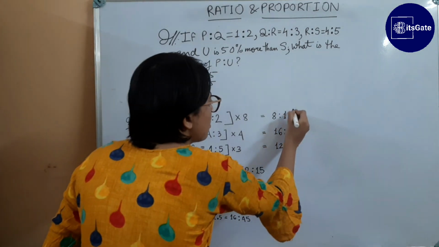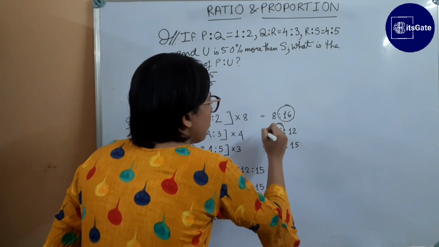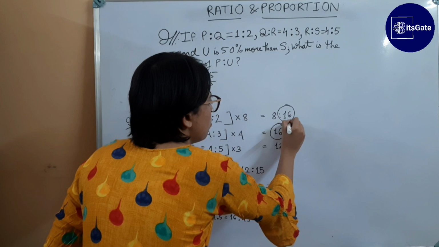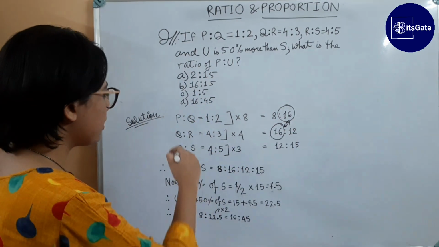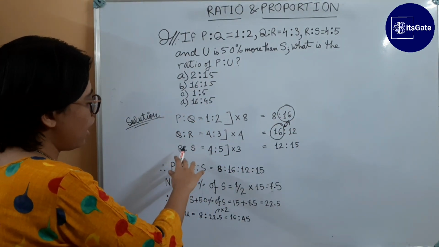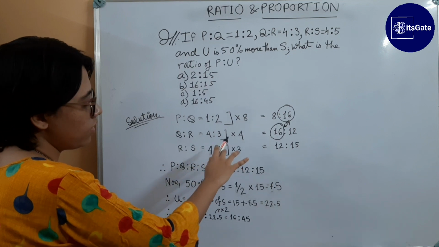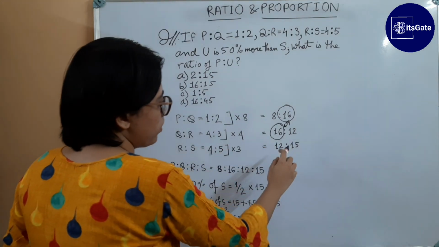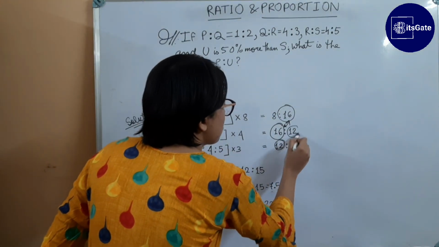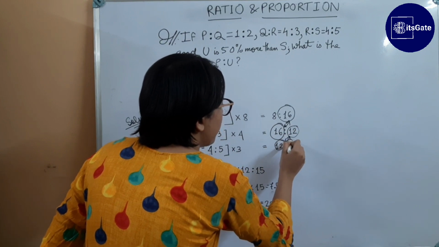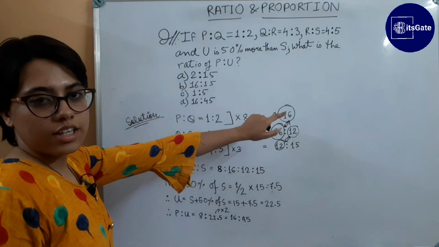So here these two are the common factor joining these two ratios. Again, if we multiply R is to S, that is 4:5 with 3, we get 12:15. Now again, these two are the bridging components of these two ratios.